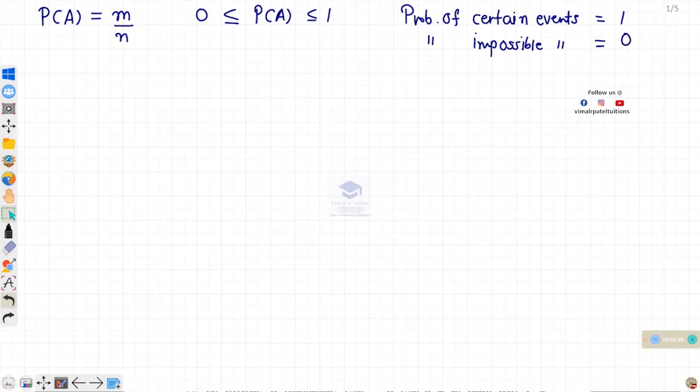See, for impossible event, favorable outcome will be 0. And for certain event, your total outcomes are favorable outcomes, means m and n are equal.